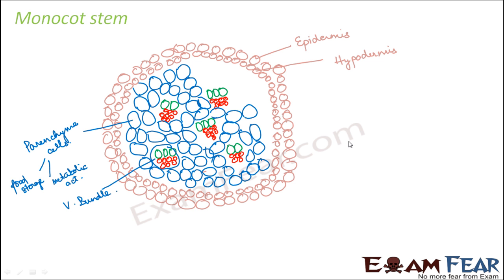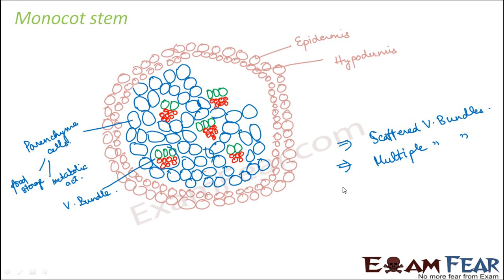So some of the prominent features are scattered vascular bundles, which is one thing. Multiple vascular bundles is another thing. So here if you see, there are so many vascular bundles present, right?